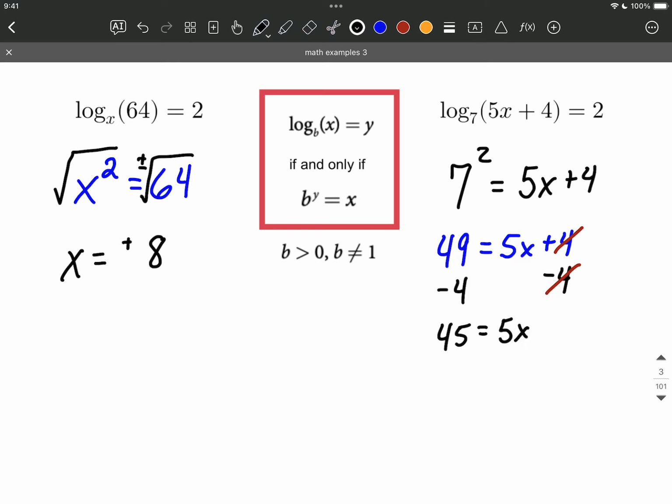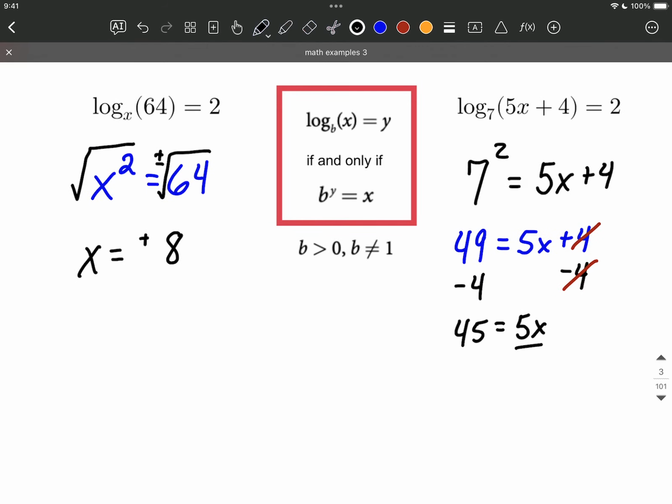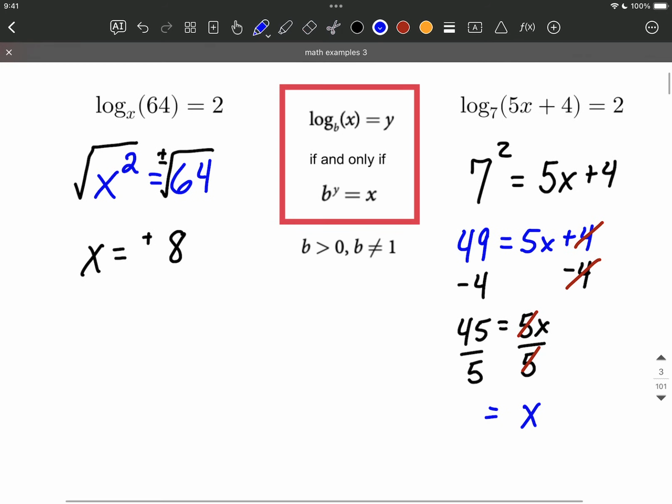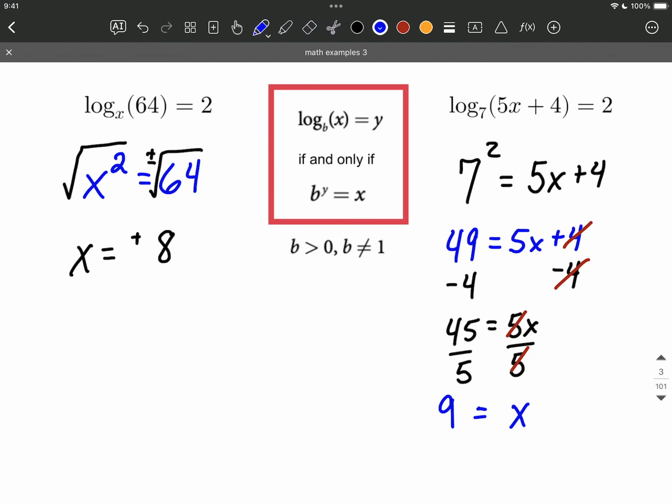And we'll bring down that 5x from the right-hand side. To get x all by itself, we'll have to get rid of that 5, so let's divide both sides by 5. 5 divided by 5 makes 1. We end up with x equals 45 divided by 5, which makes 9.